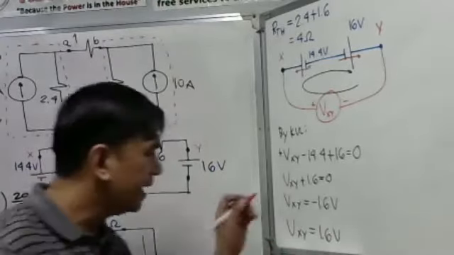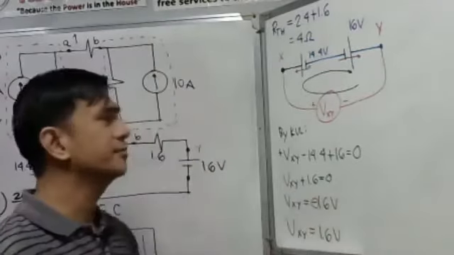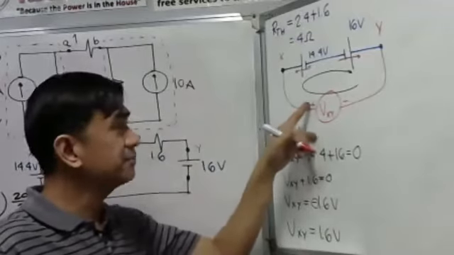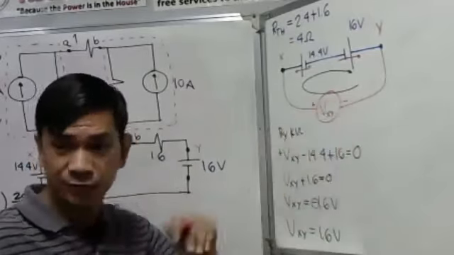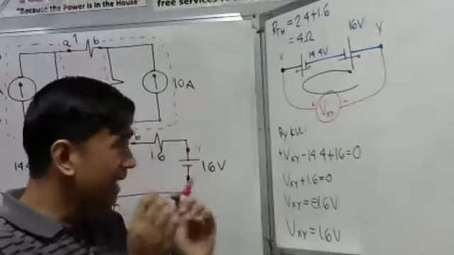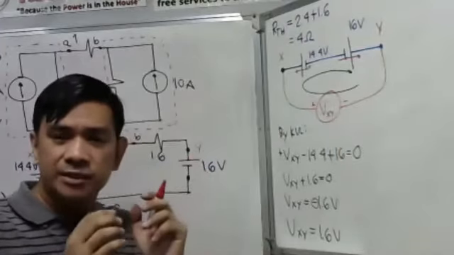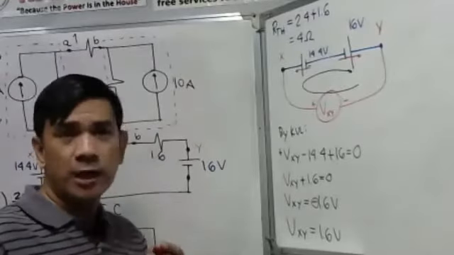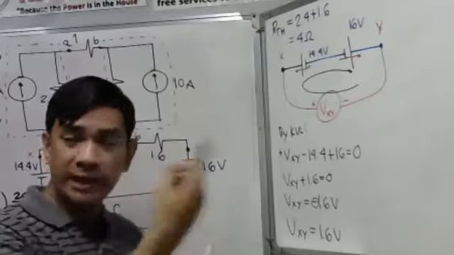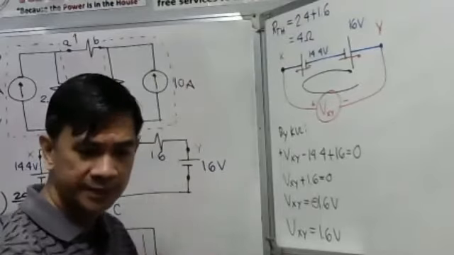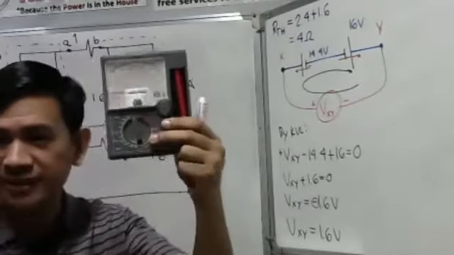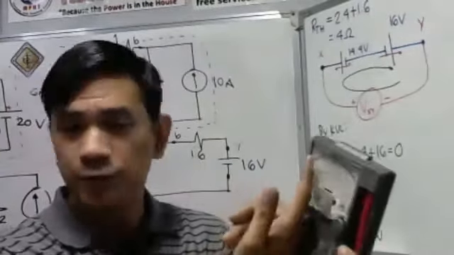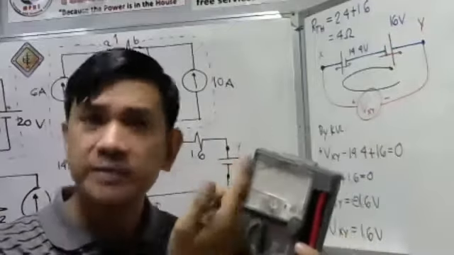What do we mean, sir, by negative polarity of the voltmeter? Meaning, our assumption of having this as positive and this as negative is wrong. If we have a negative value, your assumed polarity is wrong. If you have a multi-tester, it will deflect in the reverse direction. I have my multi-tester here. The deflection will be in reverse, and that is quite dangerous to the meter.